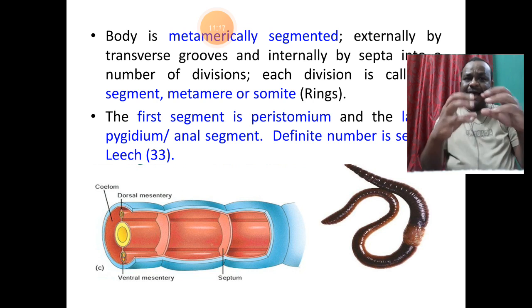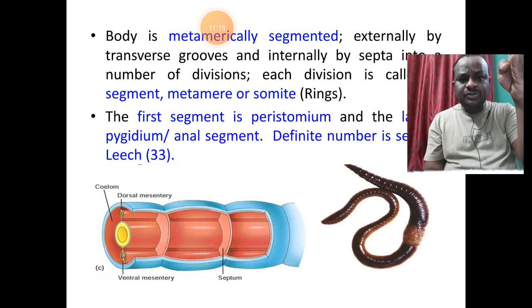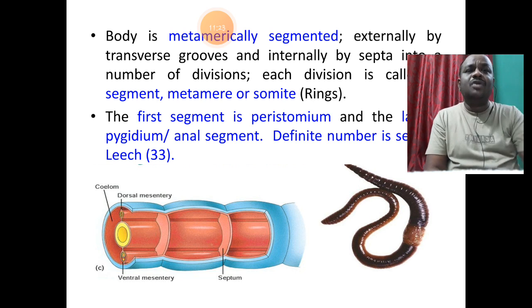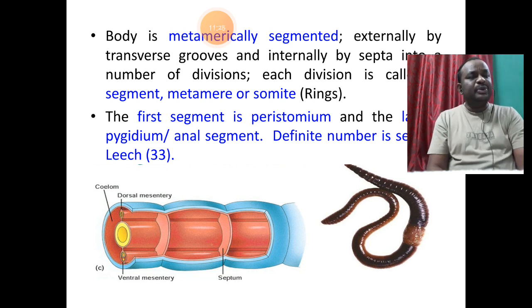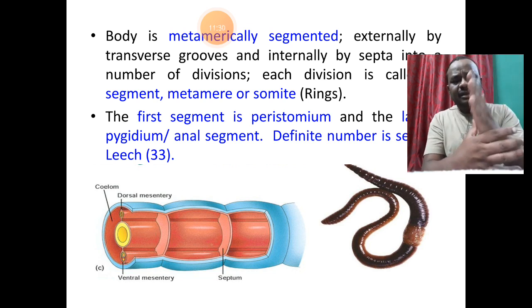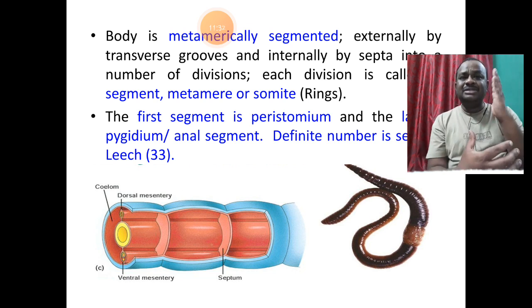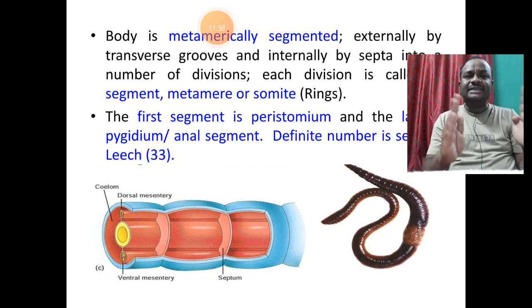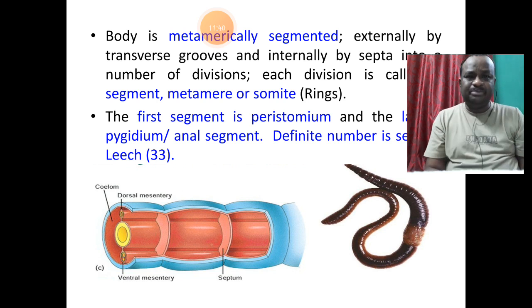Now, these transverse grooves continue down inside the body into structures called septum, singular, septa, plural. So there is a dividing structure present at these groove regions. These structures are referred to as septa or septum.